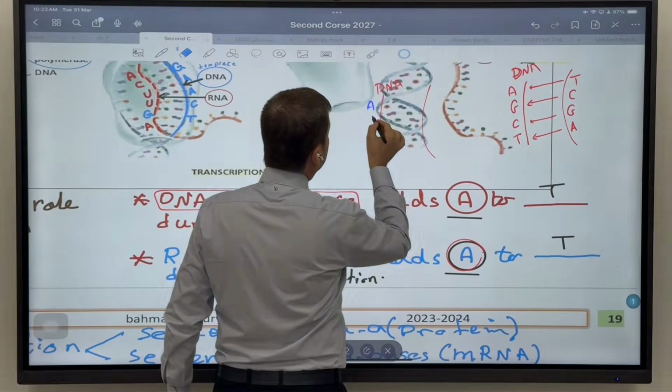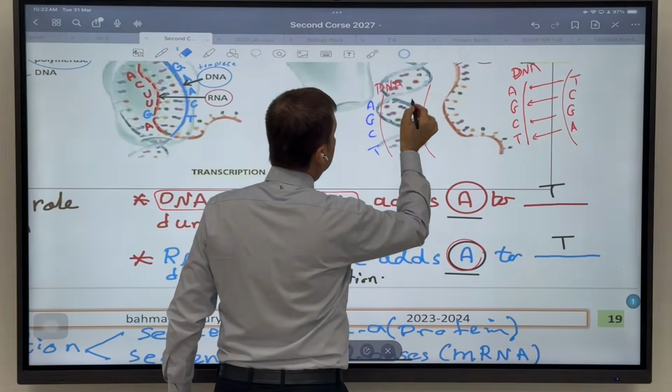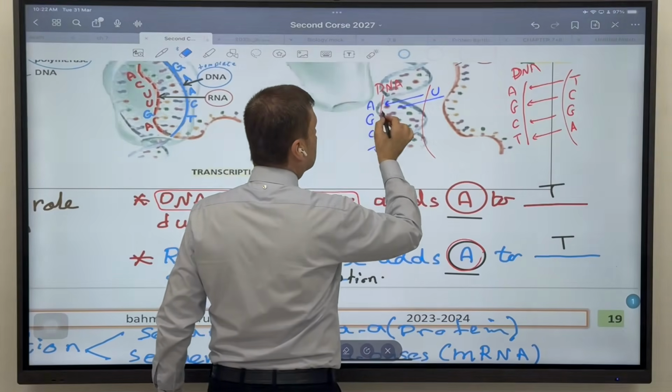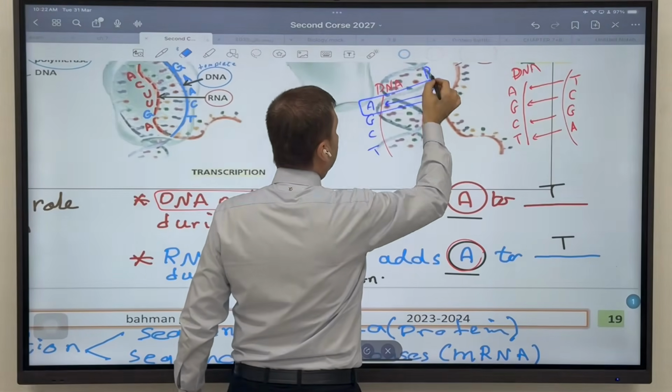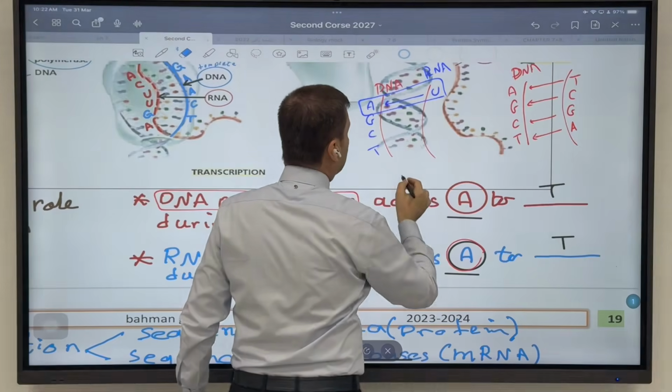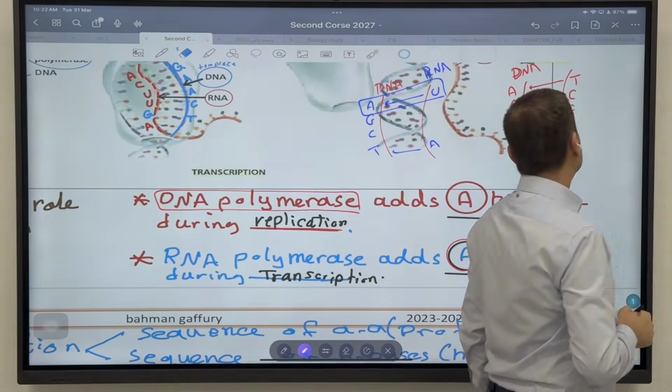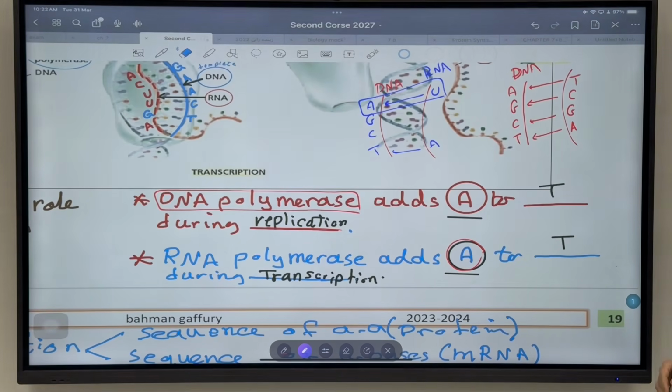For example, with A, G, C, T, it adds U to A, and this will be the RNA. And also A to T, and you know the other ones. That's all.